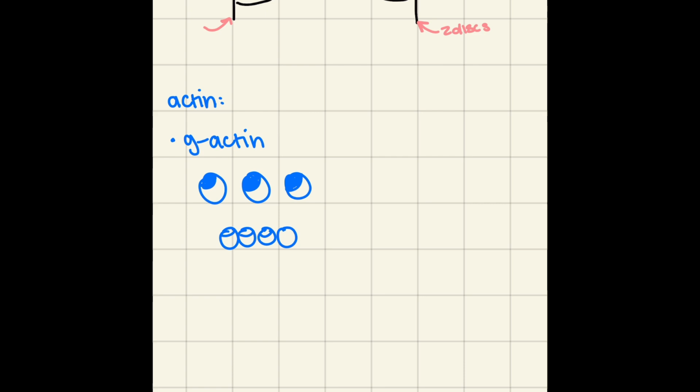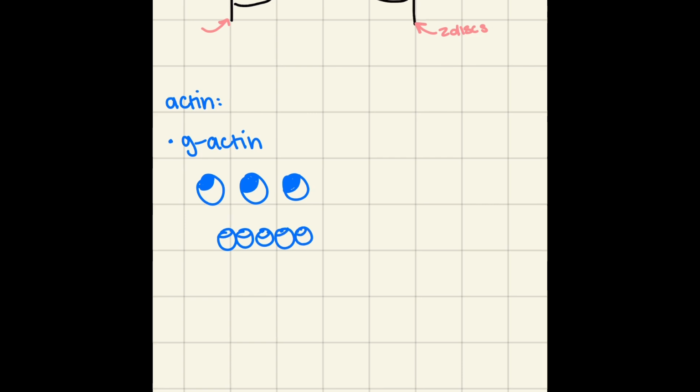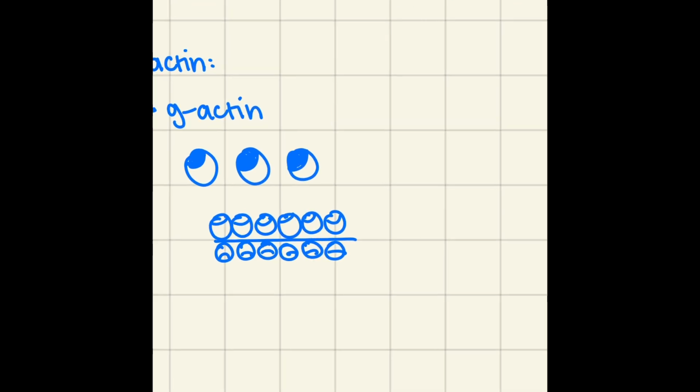Like that, along a central line in an alpha helix shape, similar to the shape of DNA as an alpha helix. And this, once we're in an alpha helix, is called F-actin. F-actin stands for fibrous actin because it's in a long fiber. G-actin stands for globular actin.